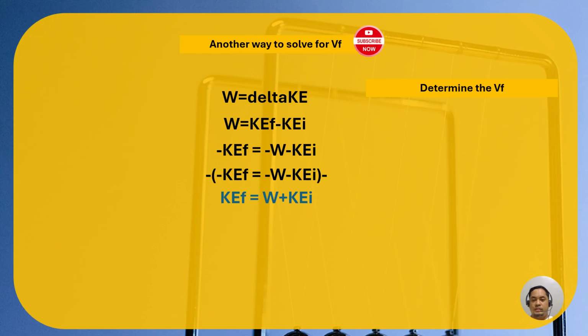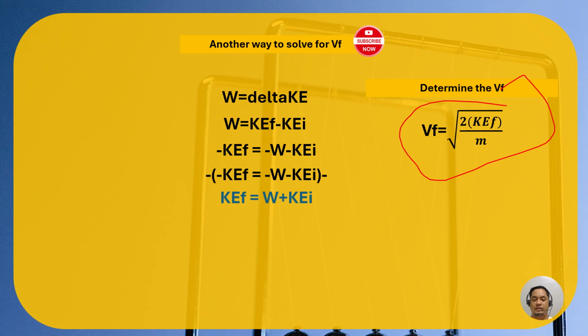Okay, so determine the final velocity by using this derived formula here. The final velocity is equal to the square root of 2 times the kinetic energy final divided by the mass. So get this value because we need this variable here, KEF, in our formula to get the final speed or final velocity.